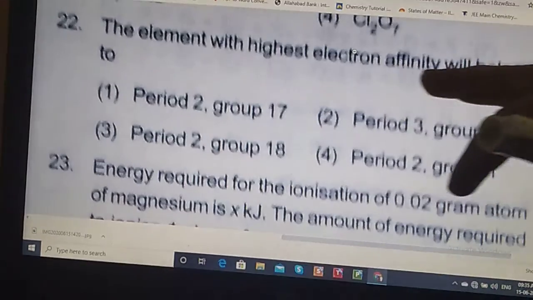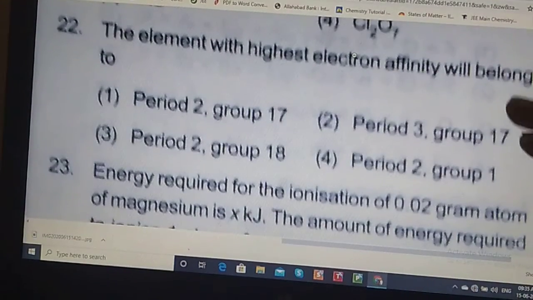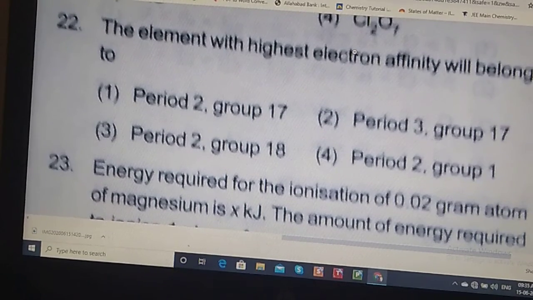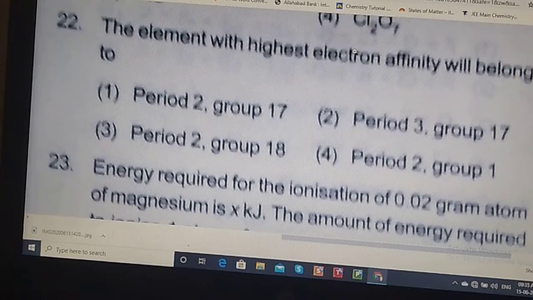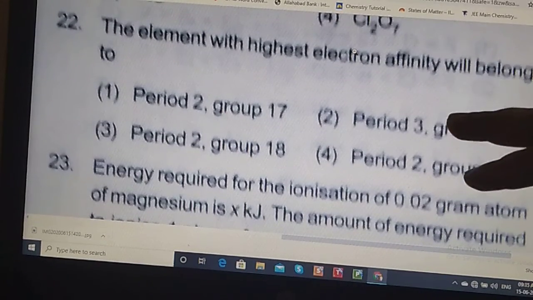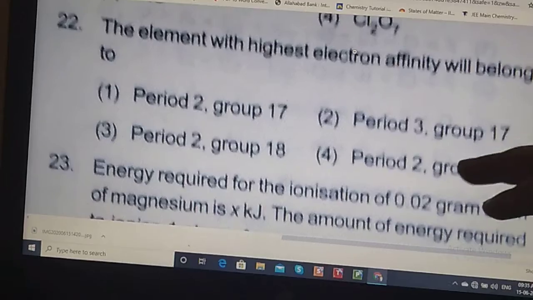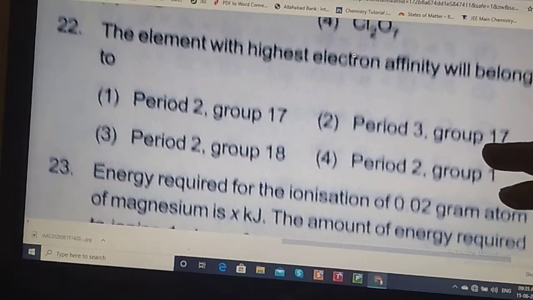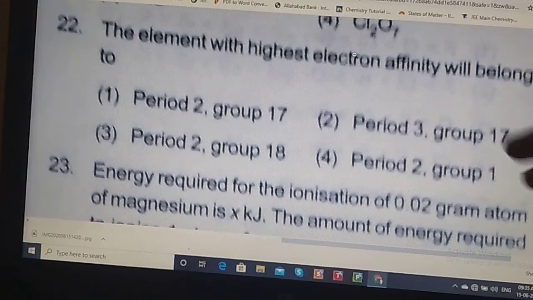Fluorine is the most electronegative, but chlorine has the highest electron affinity. So our correct option will be option number 2. You can check: chlorine is located in group 17, period number 3.